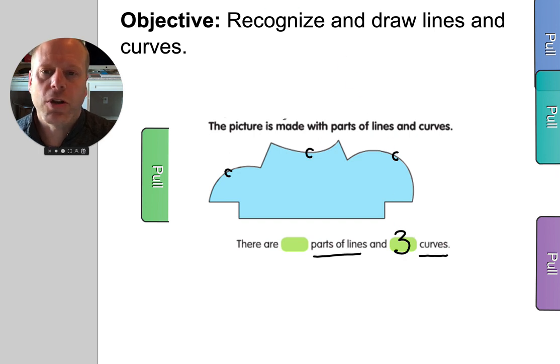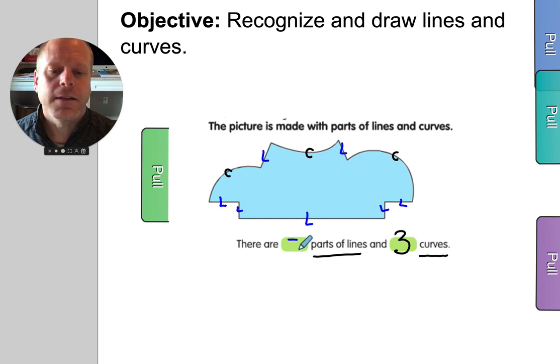I'm going to change colors here and I'm going to look for lines. 1 line, 2 lines, 3 lines, 4 lines, 5 lines, 6, 7 lines. Is that right? No. Yeah, 7 because of 1 on the bottom. 3 and 3 and 1 makes 7.